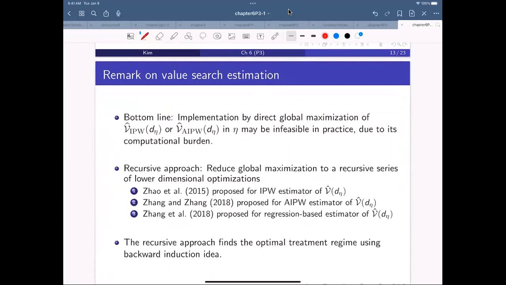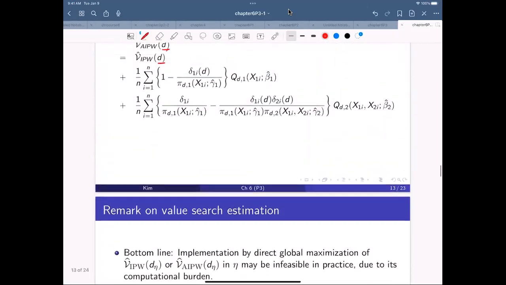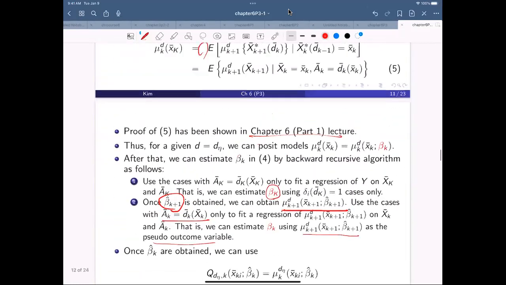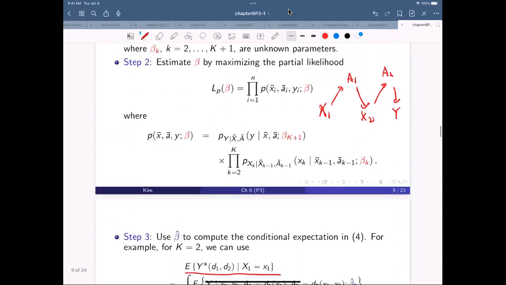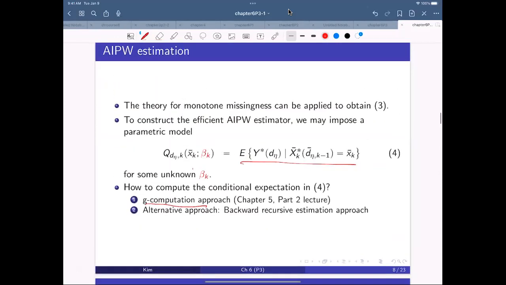To answer Yumo's question, we have two approaches, but this is for a given D. For a single given D, these two methods have different computational burdens.